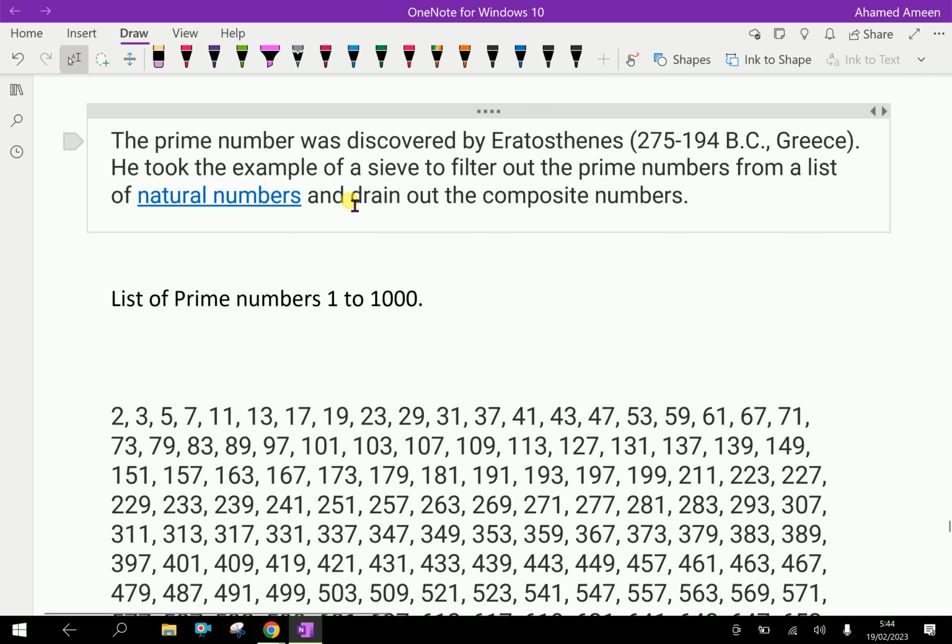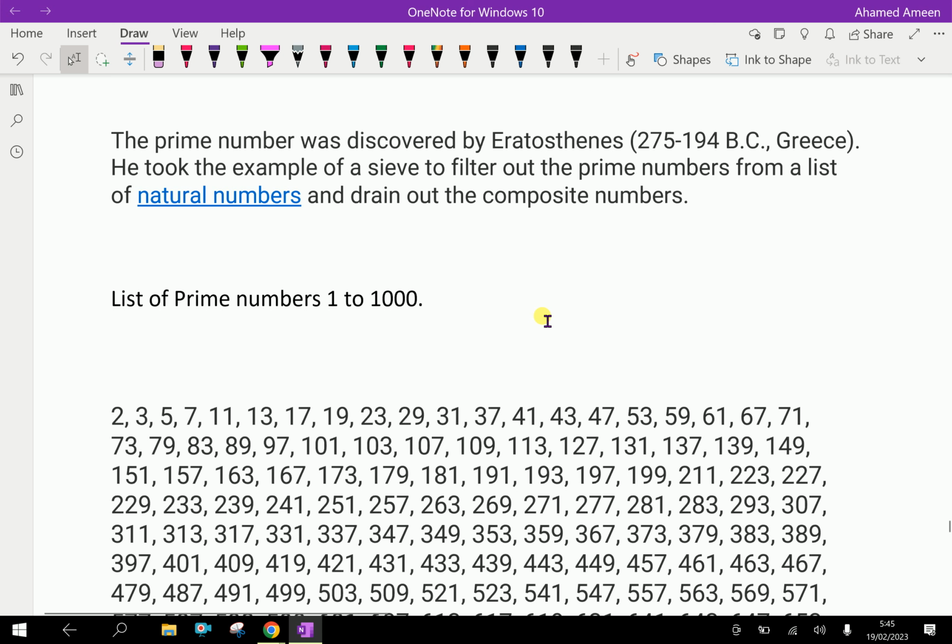The prime numbers were studied by Eratosthenes of Greece. He used the example of a sieve, a filter, to sift out the prime numbers from a list of natural numbers and drain out the composite numbers. That means you write the numbers in order and remove the non-primes.